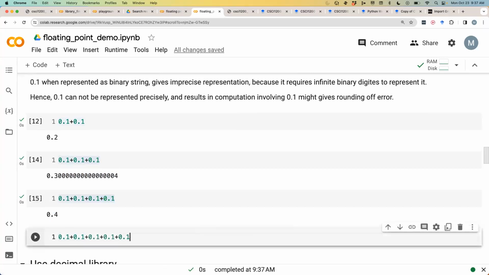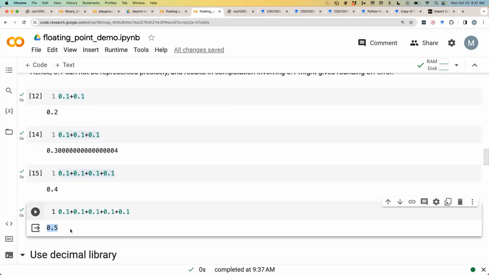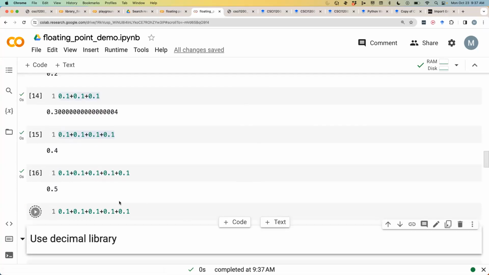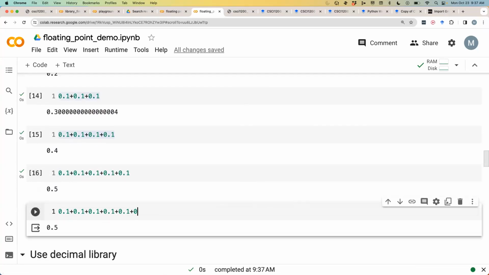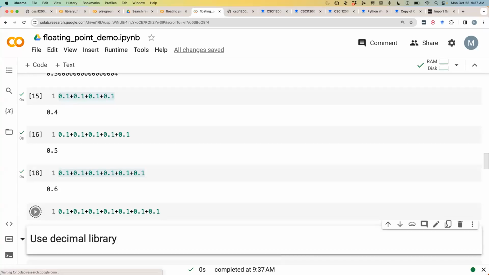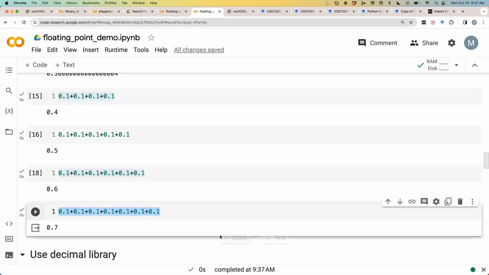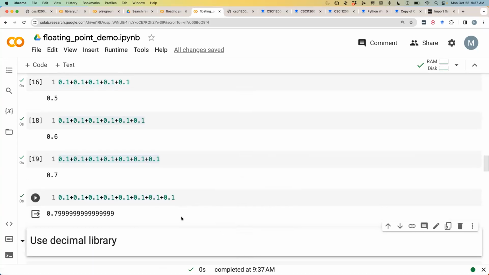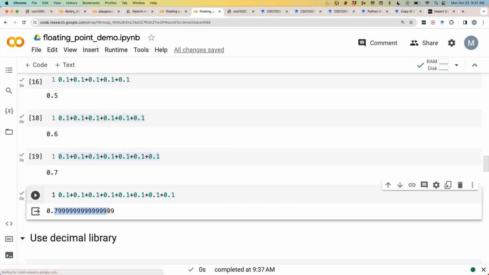All right, let's try it again. And now we get 0.5, it gets canceled again. But if we keep on adding, this error might appear again. Okay, 0.6, we are good. Let's continue and see 0.7, 0.8. So you do an experiment. At 0.8, we get rounding off error again.